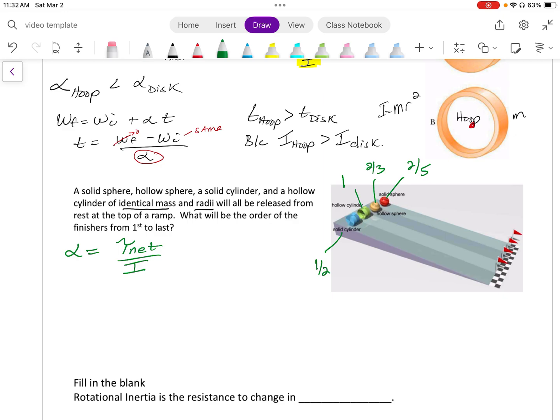That I value needs to be the smallest, and the smallest I value will be the 2/5. And then we will have 1/2, then the 2/3, and then the last one, which is the 4th, will take the longest to get there. So this is first place, second place, third place, fourth place.